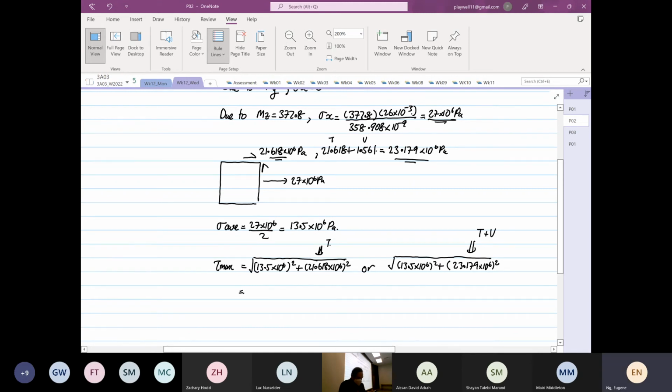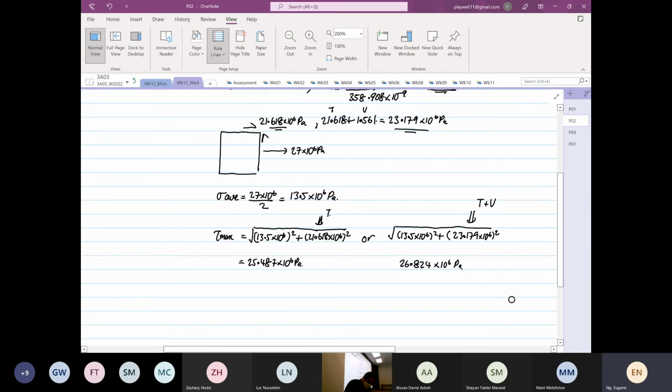So this is 21.618 squared plus 13.5 squared, square root, equal to 25.487. Whereas the other one, 13.5 squared plus 23.179 squared, is 26.824 times 10 to the power 6 Pascal.